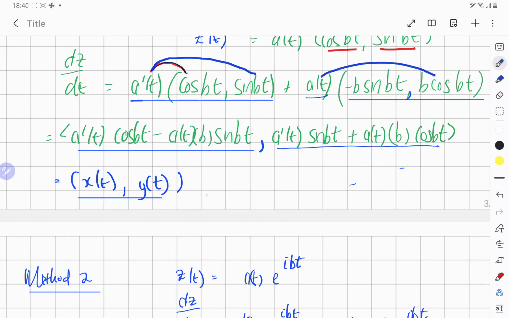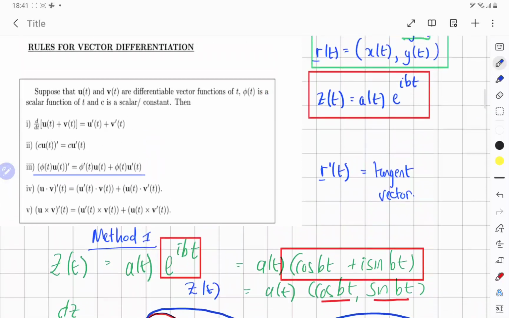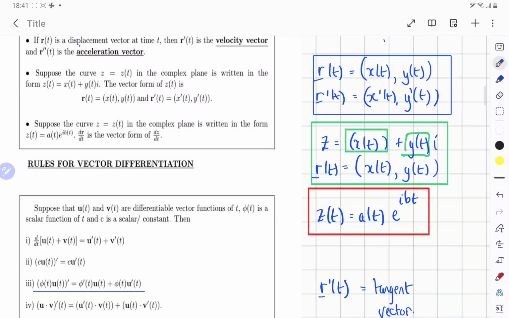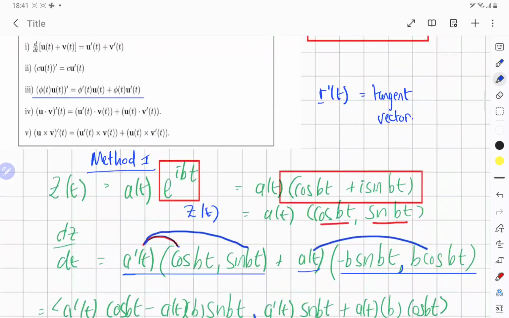Now this vector form of dz/dt, we will call that our r'(t), or we will call it dr/dt. So very important, the vector form of dz/dt is your dr/dt. So I want you really to remember that for later.